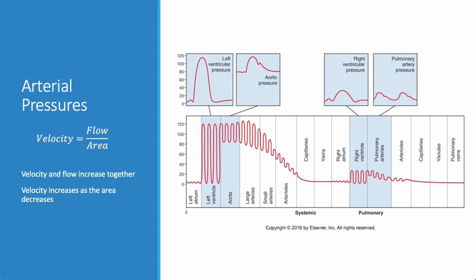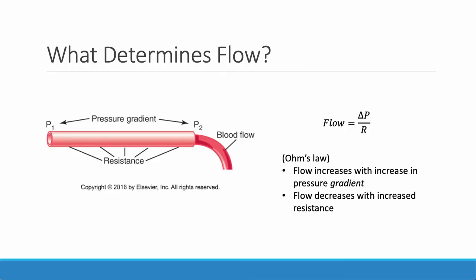I mean, either is true, right? But velocity decreases as the area increases. They're inversely related. And that makes sense, right? The velocity is going to be much slower in the capillaries than it is up here in the aorta and the large arteries. Okay, that's an important component to remember as well.